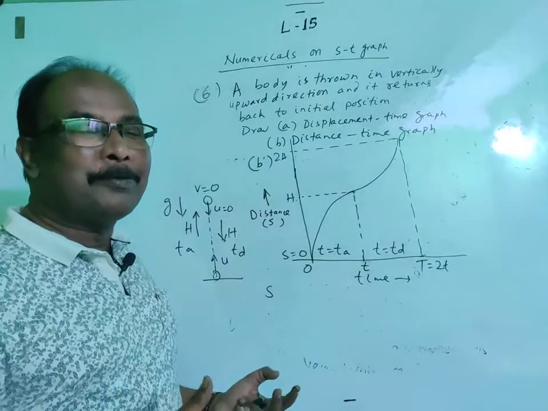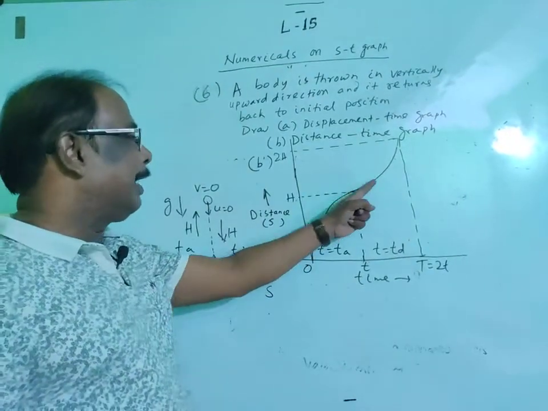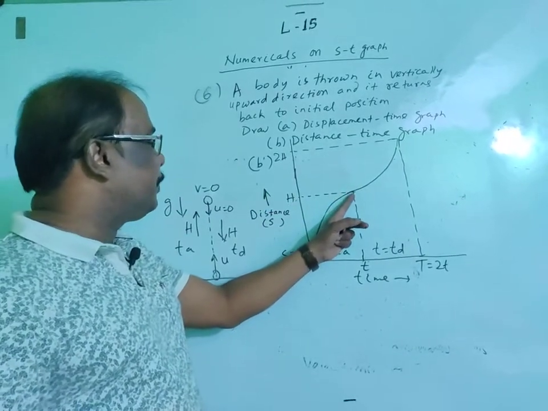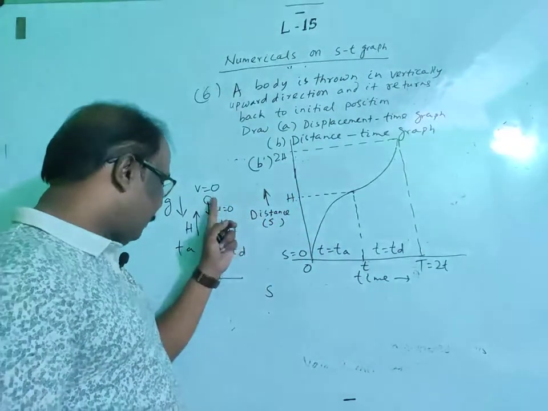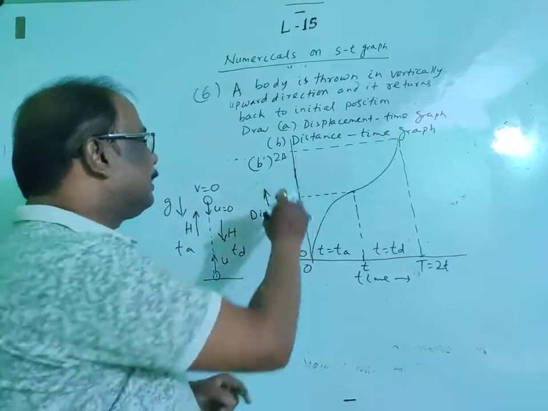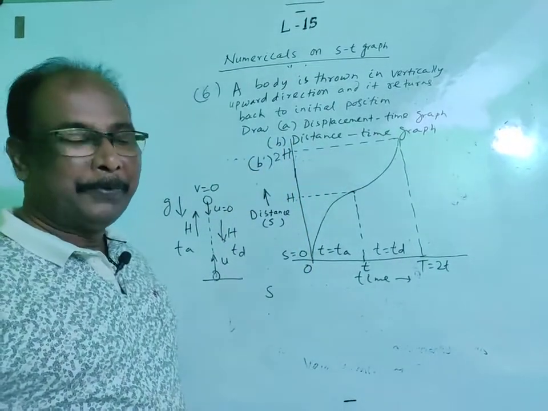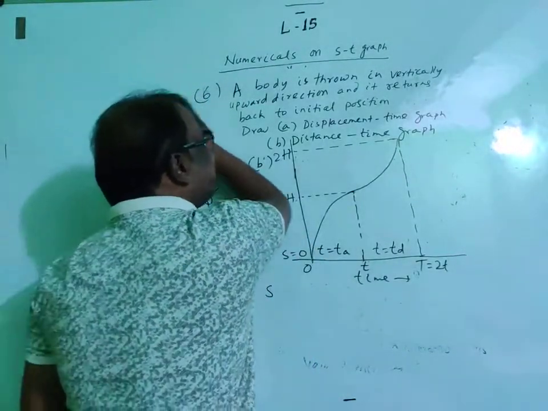Tan theta changes means theta changes. So in accelerated motion, first distance goes on increasing, reaches a height h. Thereafter also while returning, distance again increases, and total distance is 2h. Clear?